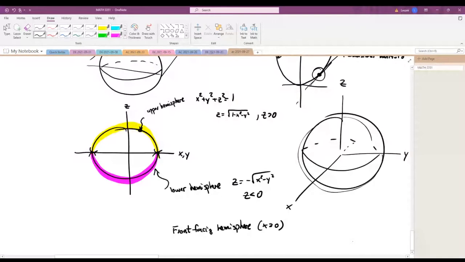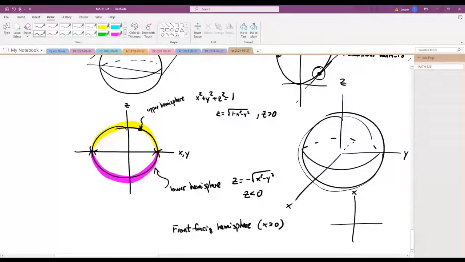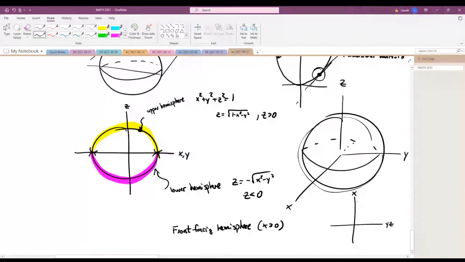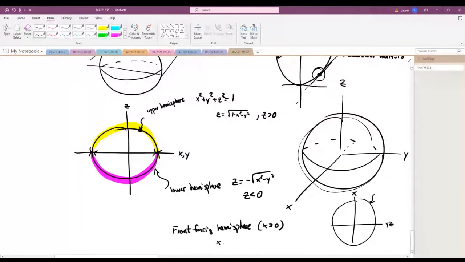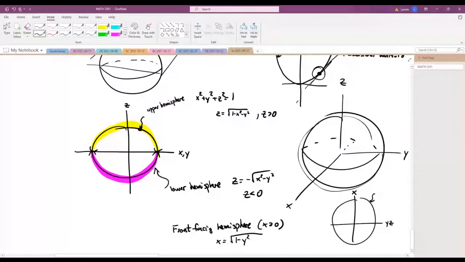Where X is positive. But we would do exactly the same thing, right? We have X, and then we have, let's say, the YZ plane. Still the same kind of profile. But now we can think of X as a function of Y and Z. So that would be X as the positive square root of 1 minus Y squared minus Z squared. But in any case, we were able to rewrite one of the variables as a function of the other two.